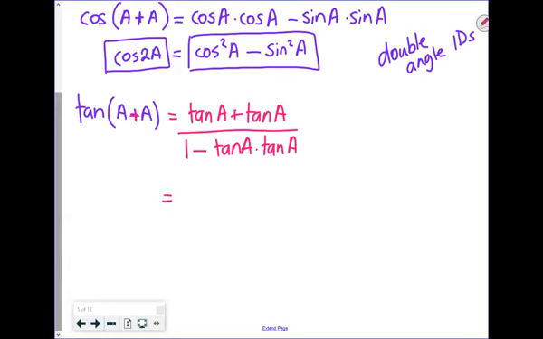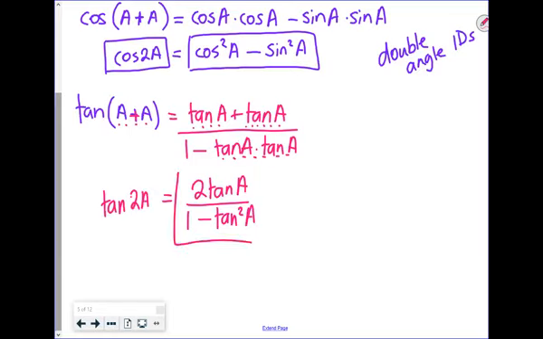Look in the numerator: you've got tangent of A plus another tangent of A, so 2 times the tangent of A, all over 1 minus tangent squared of A. And that is the tangent of 2A.